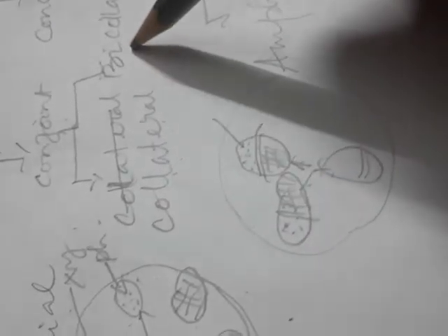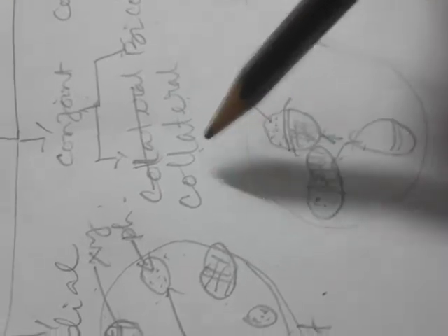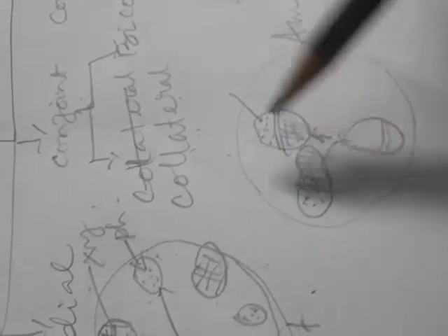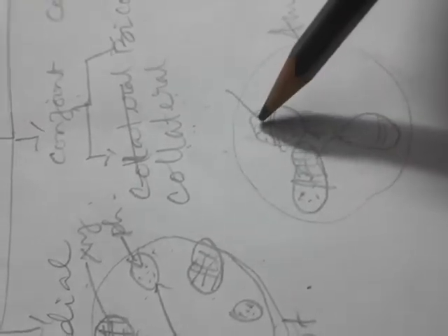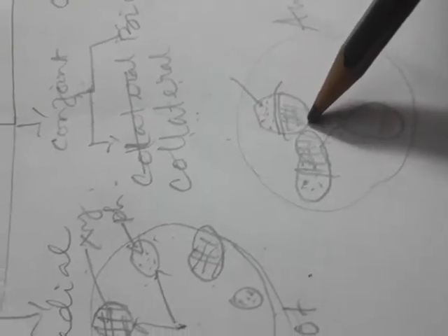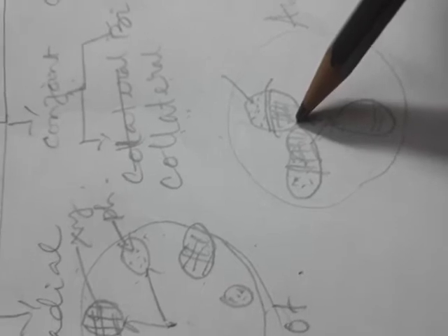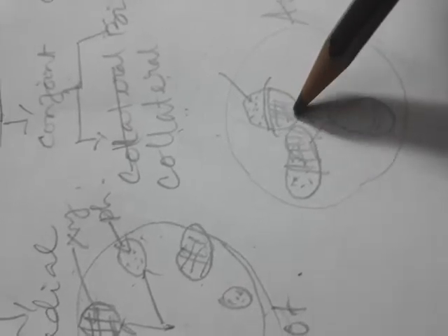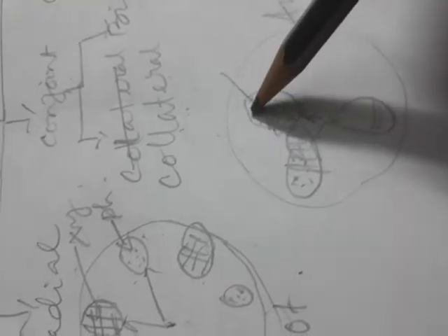First type is called collateral, second type is called bicollateral. Collateral vascular bundle is like this. In the collateral type of vascular bundle, phloem will be towards outside and xylem will be towards inside. Xylem lies towards the center or towards inside and phloem lies towards the periphery, outside.